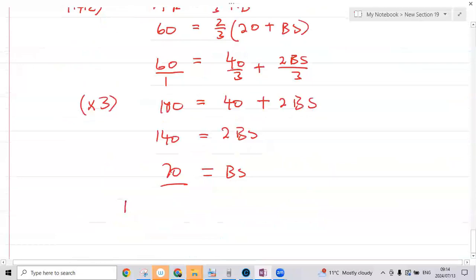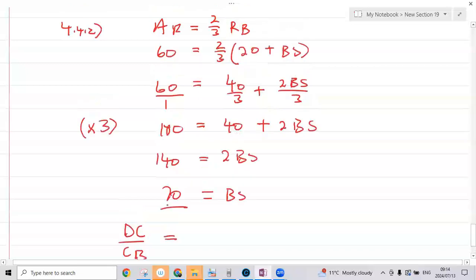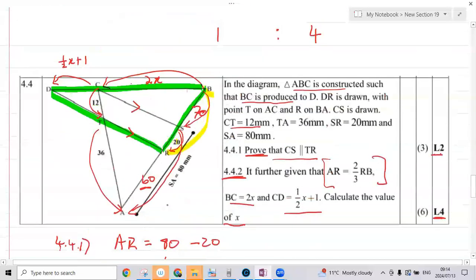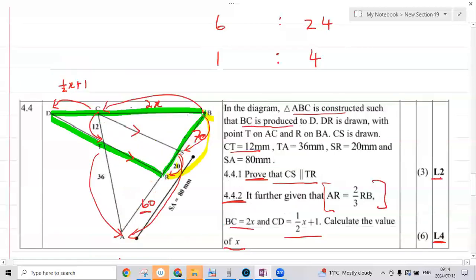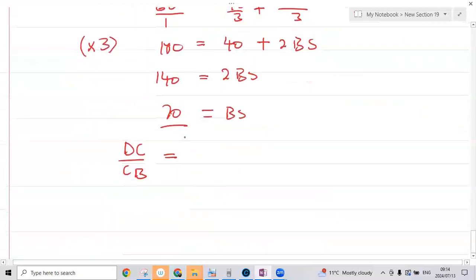So now we can write DC over CB equals, and DC over CB is going to equal RS over SB. So that's going to be RS over SB.